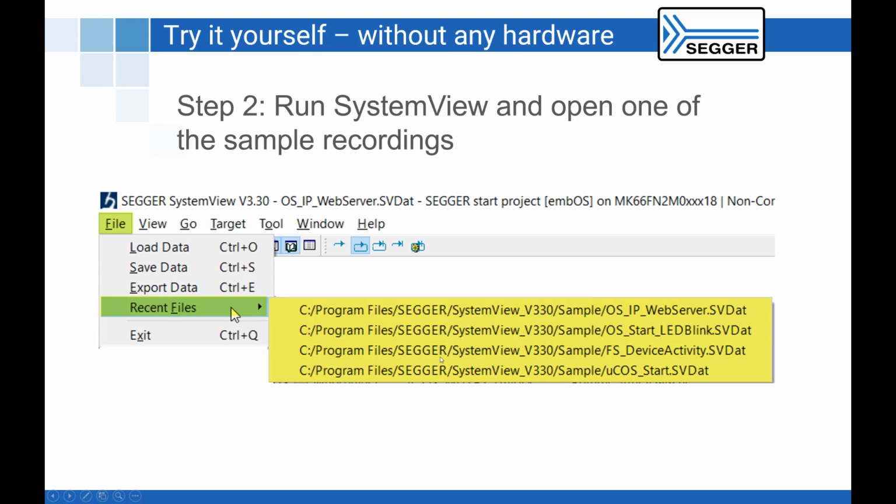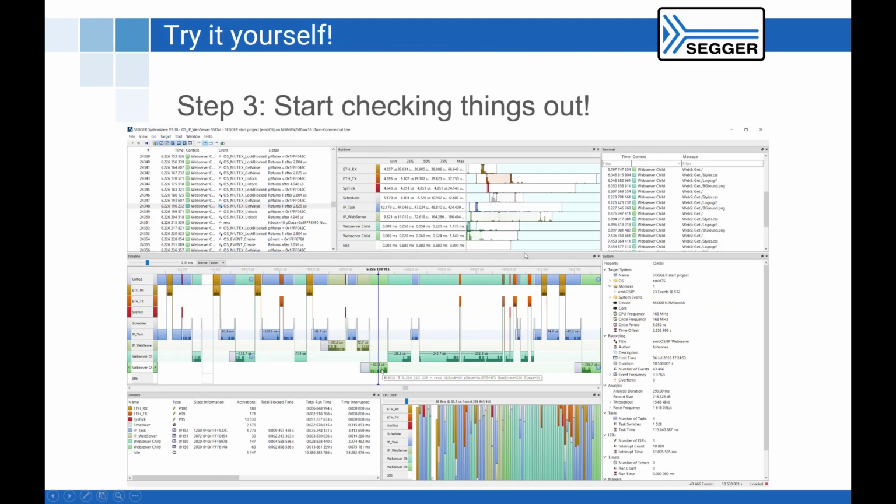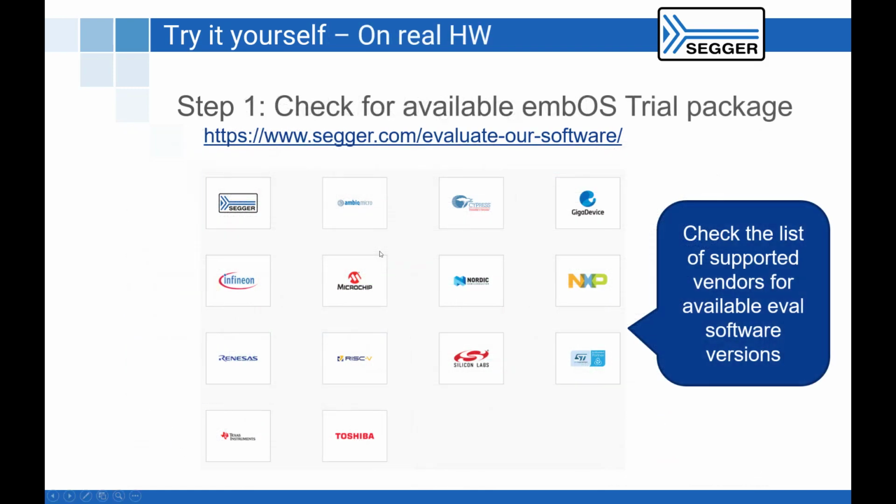You pick one, and you can start checking things out, just like I did right now. Obviously, it's not going to be real time, but you can look at all the windows. You can scroll through the recorded data and basically analyze that recording.